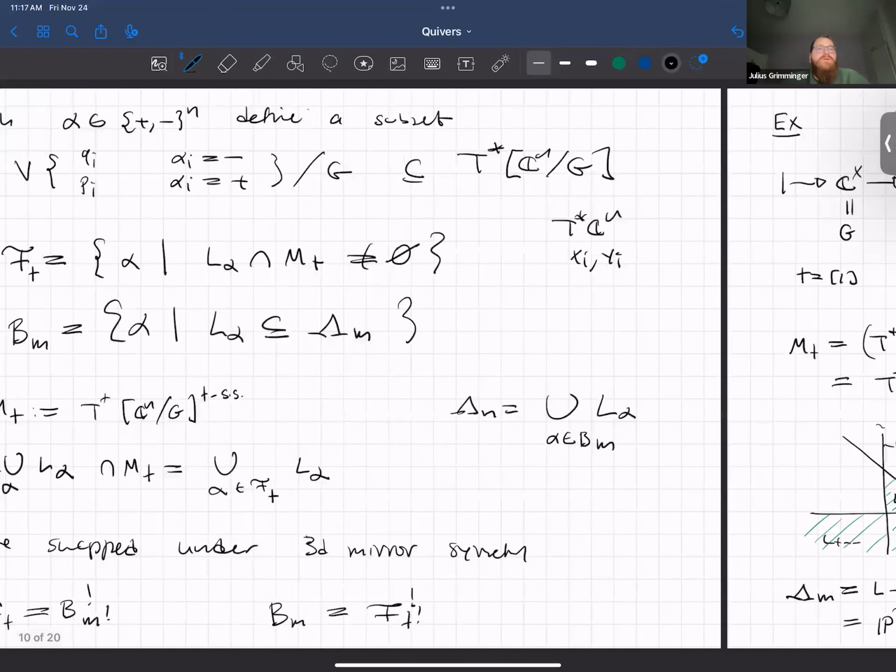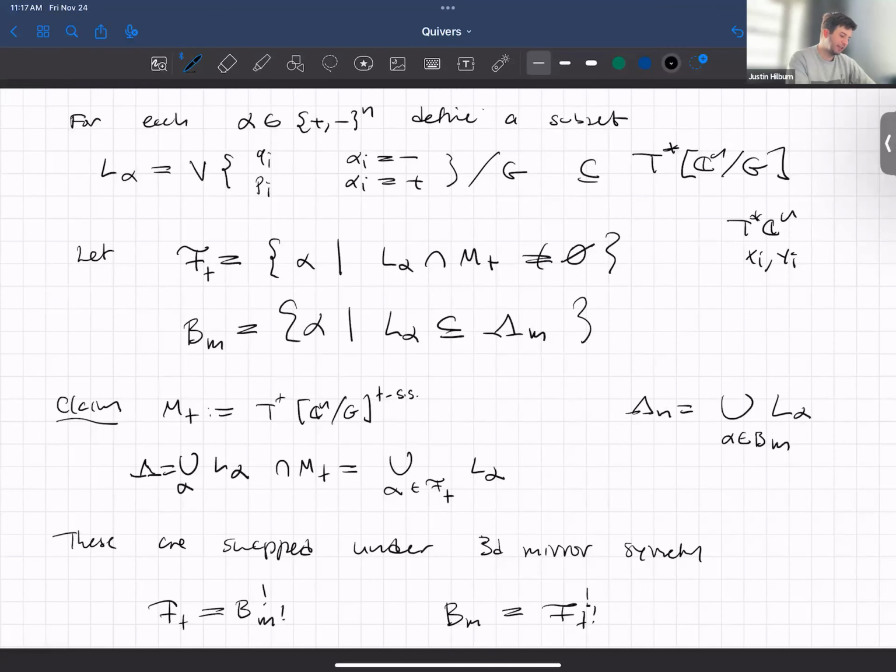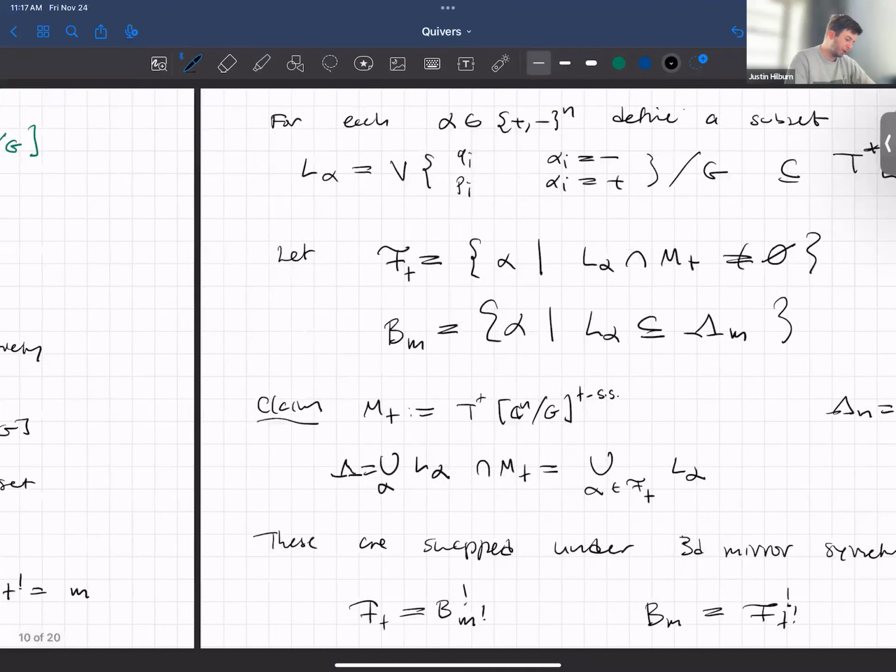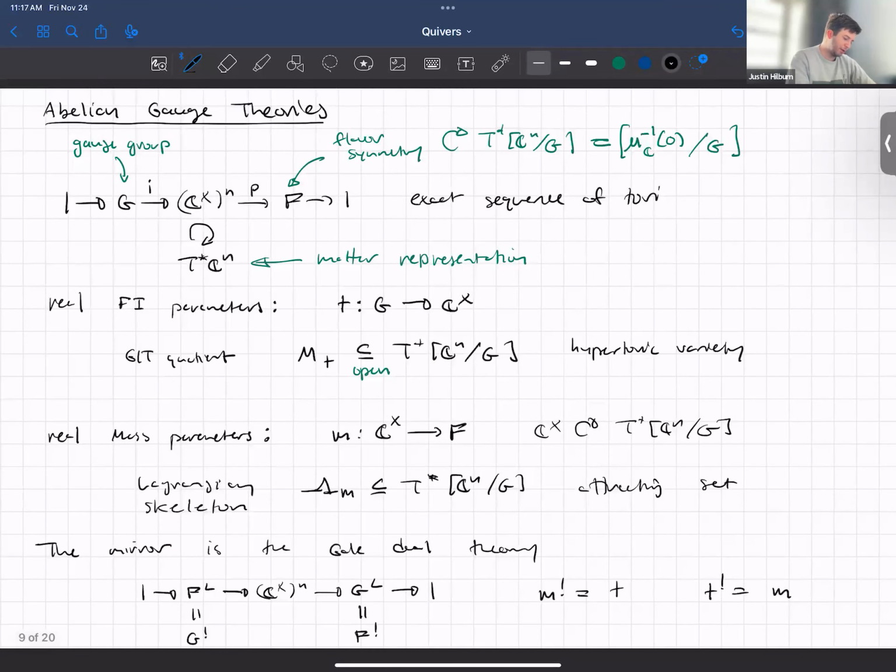That was strictly this matching at the level of spaces: the mass parameter, which determined the GIT and the resolution, matched the mass parameter, which determined this Lagrangian skeleton. But the statement that Braden, Licata, Proudfoot and Webster gave was not strictly about spaces. They gave a statement about categories.